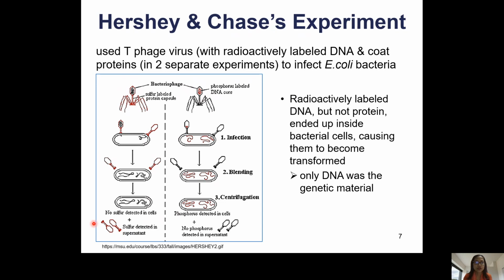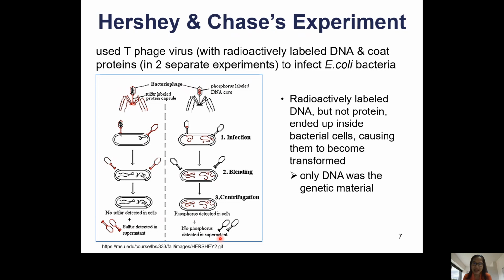So on the first group, no sulfur was detected in the cells. Cells are solid, so they are sediment. But the sulfur was detected in the supernatant. That's on the first group. And on the second group, the phosphorus was detected in the cells, and no phosphorus was detected in the supernatant. So that's the difference.